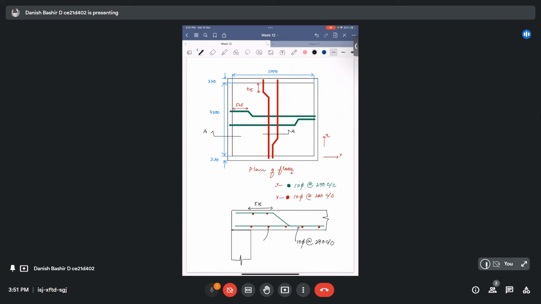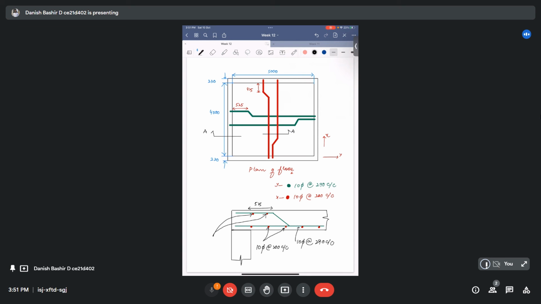These red ones are 10 phi at the rate of 200 center to center along the Lx direction, and these are top bars. These are just for keeping this hook upwards.